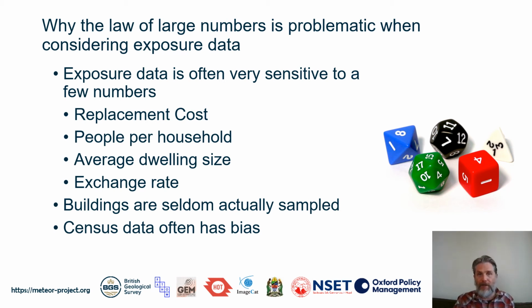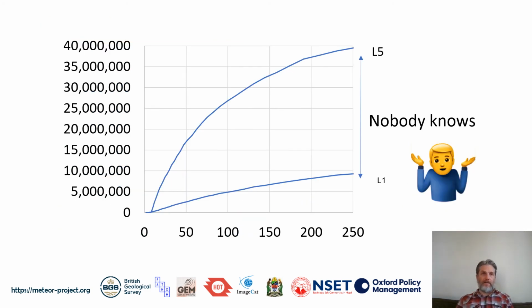If you've got a theoretical way that you think the buildings are going to be, rather than sending people out in the field to look at them, using a stratified sampling approach. And the census data itself often has bias. So there are all these sorts of problems you can have.